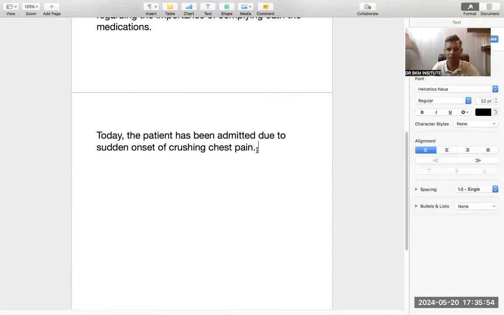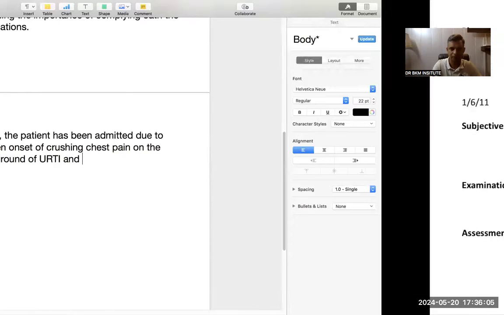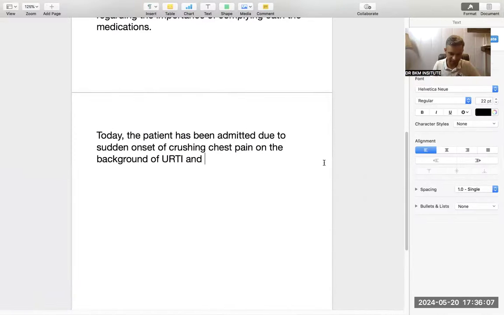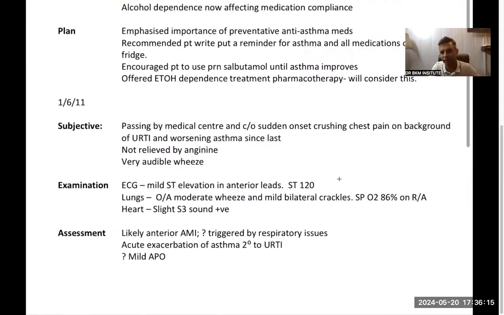So we will write this on the background of URTI and worsening asthma. That's it. So I've mentioned both of them. So the main things have come. So we have told that patient has been admitted due to this.